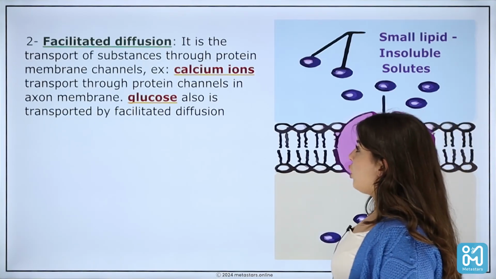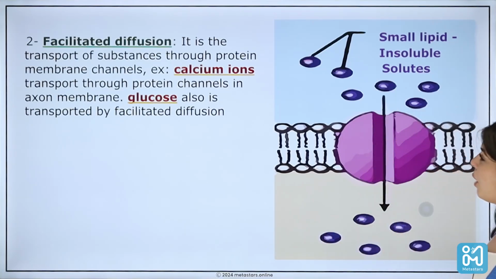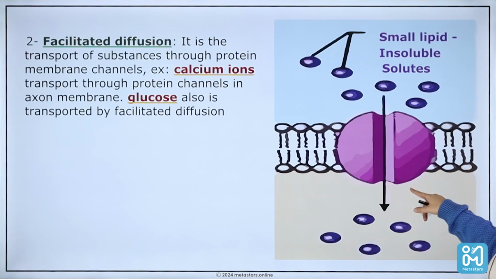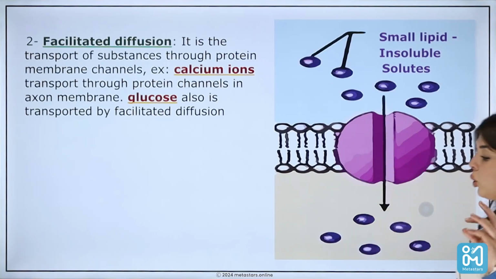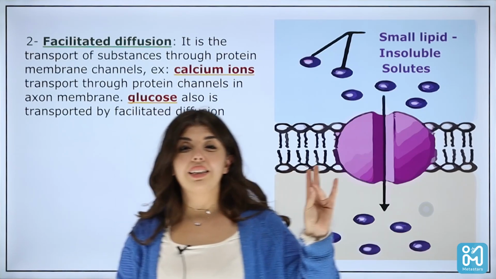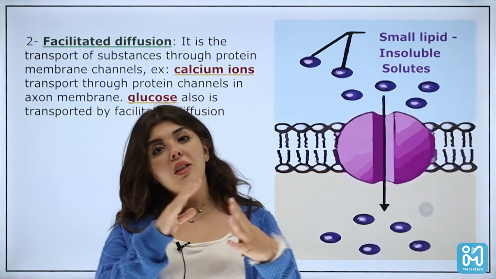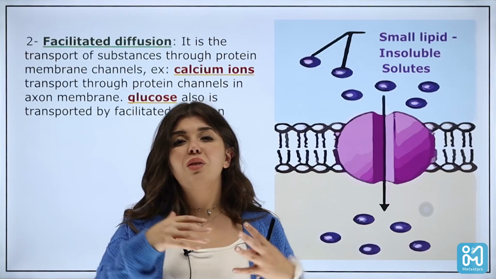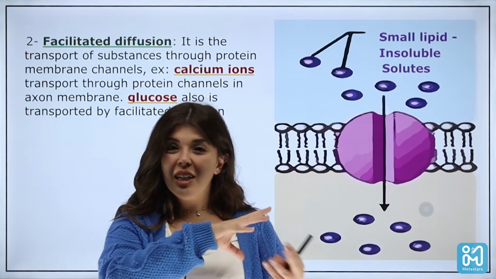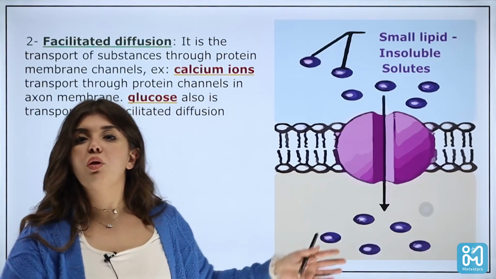For example, calcium ions and glucose are transported through protein channels without energy, but we call it facilitated because these channels help, or facilitate, the movement of these substances.